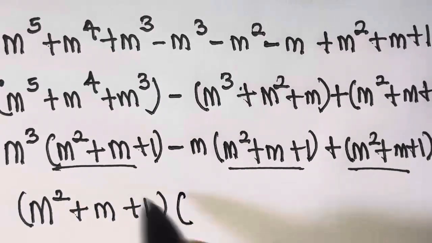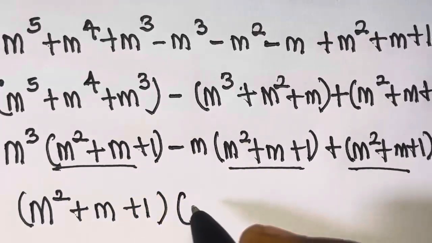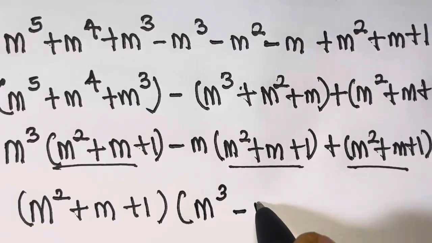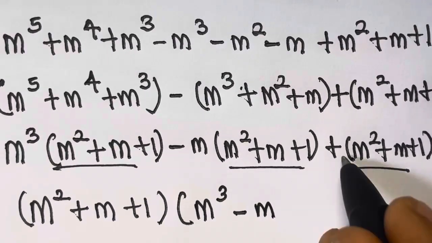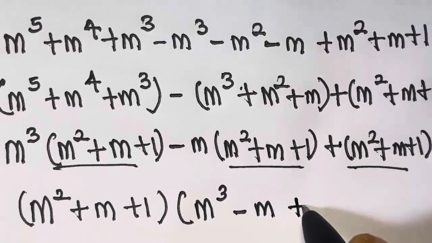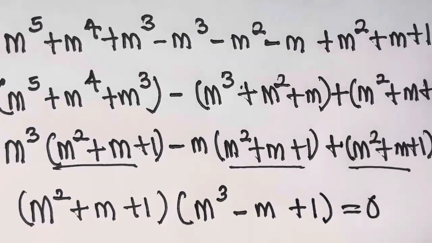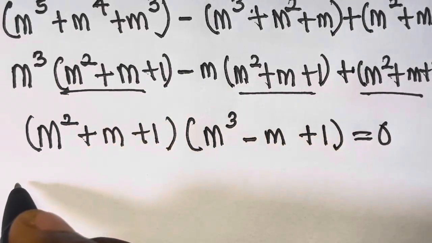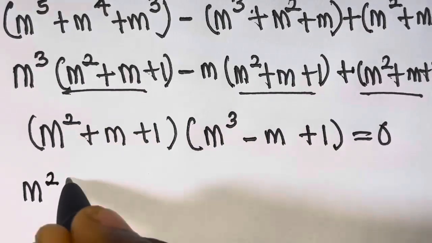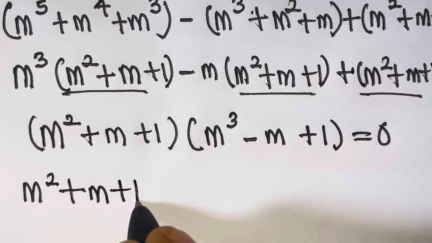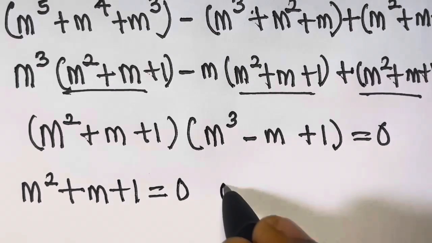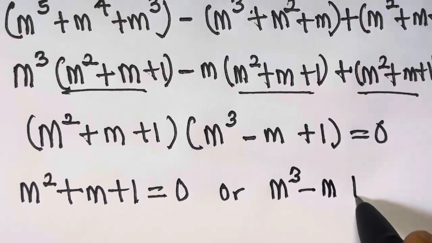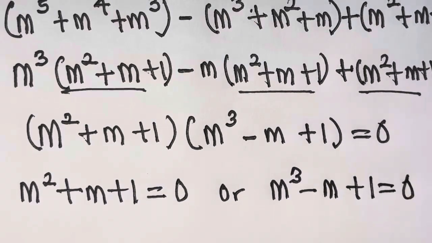Then on the outside, we have m raised to the power 3 minus m, then plus 1 equals 0. So we will have m square plus m plus 1 equals 0, or m raised to the power 3 minus m plus 1 equals 0.